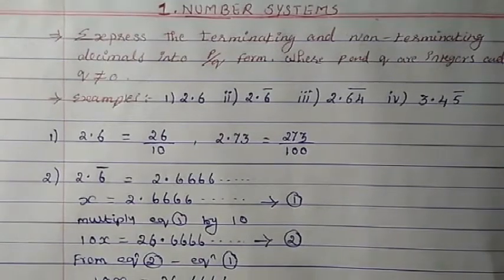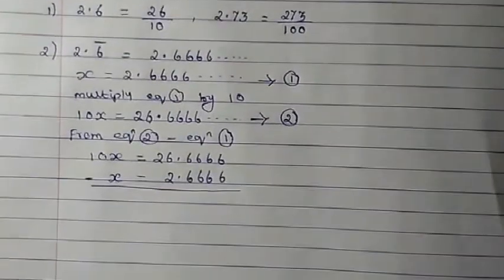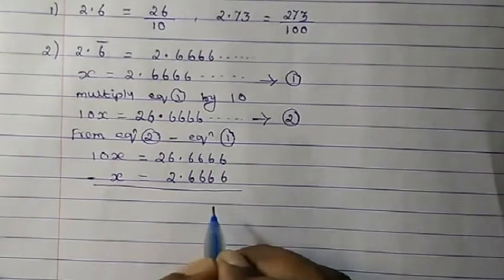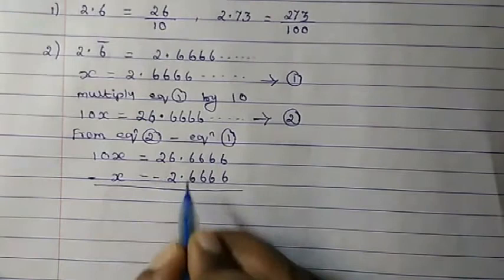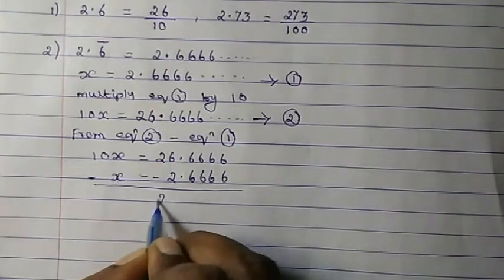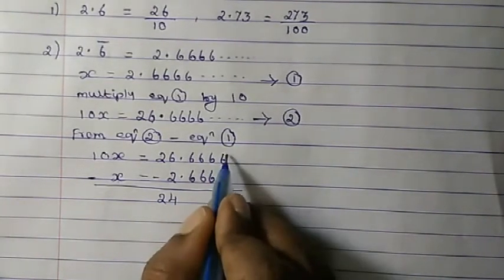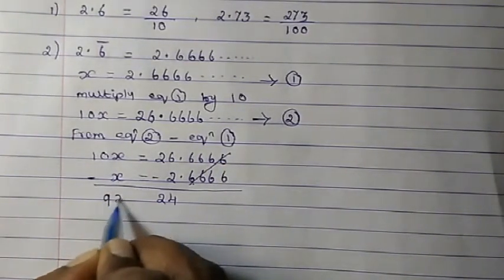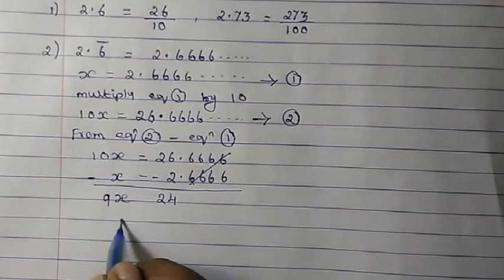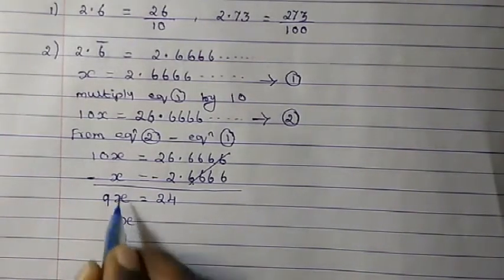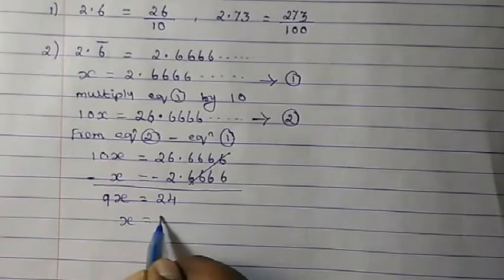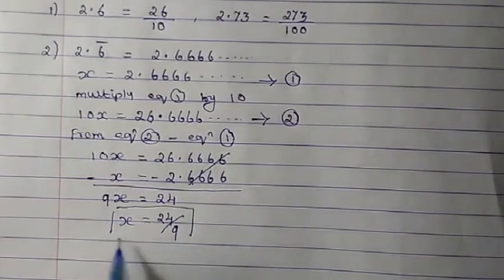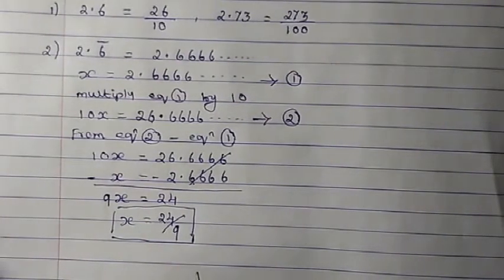Now when we subtract, the repeating part becomes 0, so we have 24 here, and on the other side we get 9x. Now keep x on one side and bring the 9 to the other side: 24 upon 9. So we have converted this into p/q form.